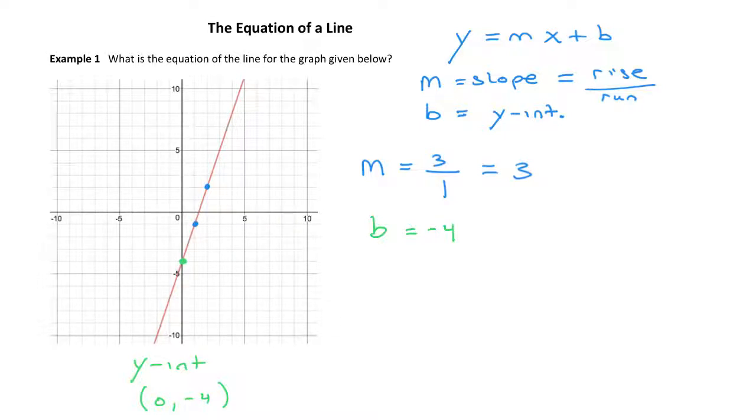And at this point, we have our equation. The equation is y is equal to 3x minus 4. You can even verify this pretty easily. This -4 means you go to this spot on the y-axis. The slope of 3 over 1 means you go over 1 and up 3. And everything seems to match up that this equation would give me this graph.